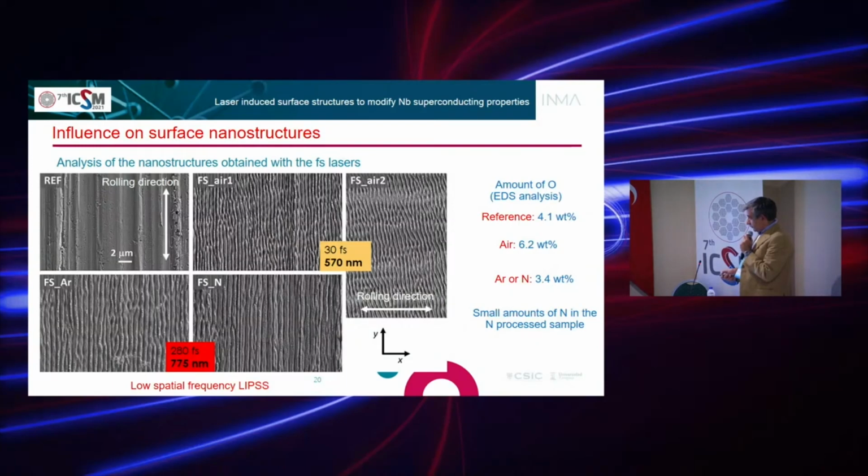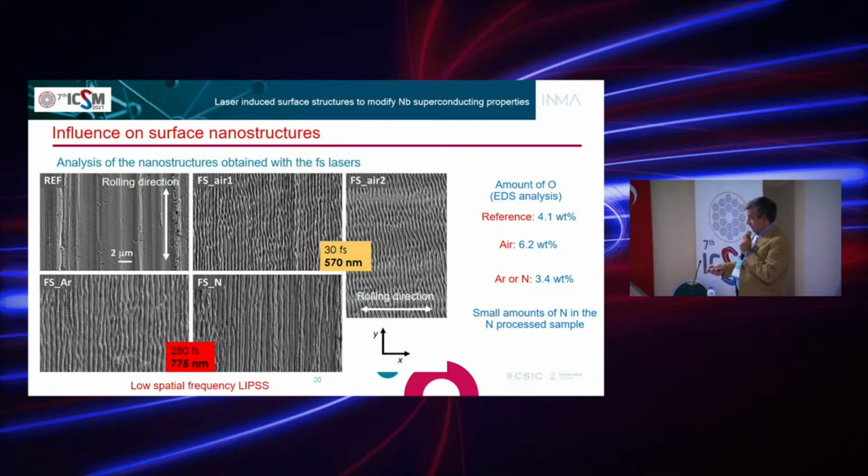And we have checked, for instance, here is the aspect of the surface. You have seen that we work with samples as we received them. We have not made any initial surface treatment to improve the roughness and the quality of the surface.